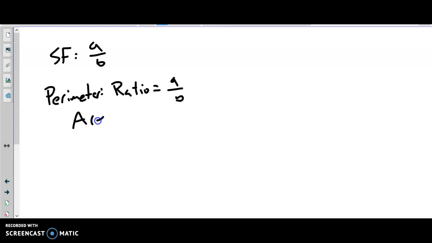But for area, my area ratio is actually A divided by B squared. It's whatever my ratio is, squared.